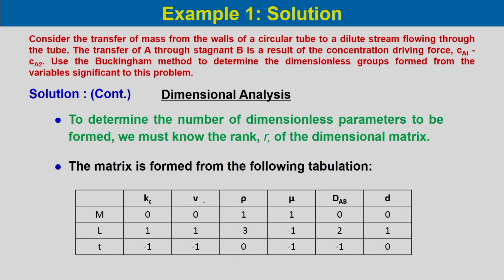Similarly, velocity V is length per time, so length is 1 and time is minus 1, and density is kg per meter cube, or mass is 1 and length to the power minus 3. In a similar way viscosity, diffusivity and diameter are defined in terms of the fundamental dimensions M, L and T.